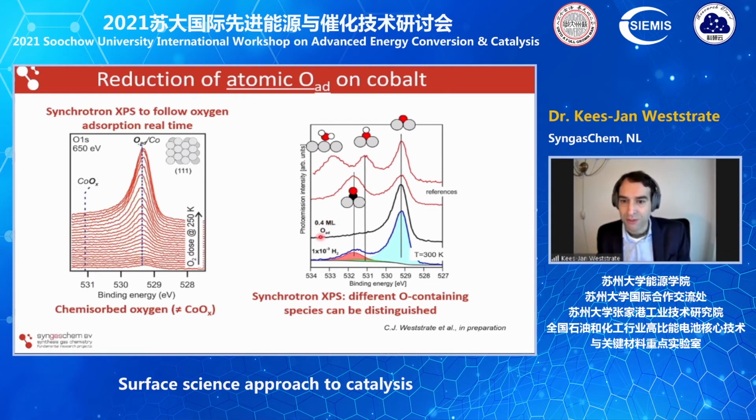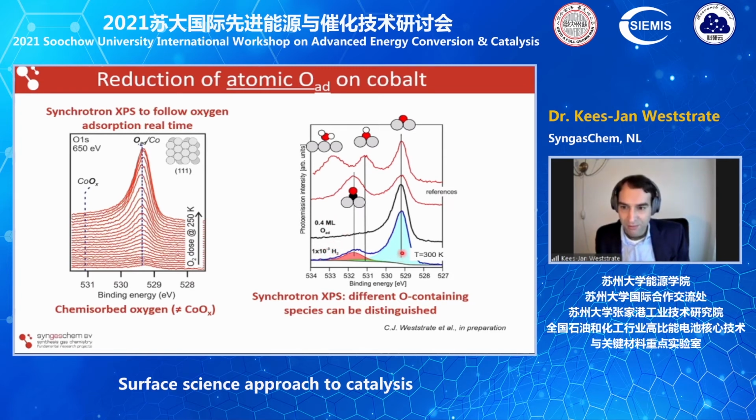So these are the references, so we know what we see in our spectra, and then we do our experiment. We first put, the black line, 0.4 monolayers of atomic oxygen on the surface, and then we go to a special facility where we can do XPS at a really high pressure. Normally, XPS needs a low pressure to work, but at a special facility at the synchrotron, we can work with quite high pressures. So we have this, and we put 10⁻³ millibars of hydrogen.